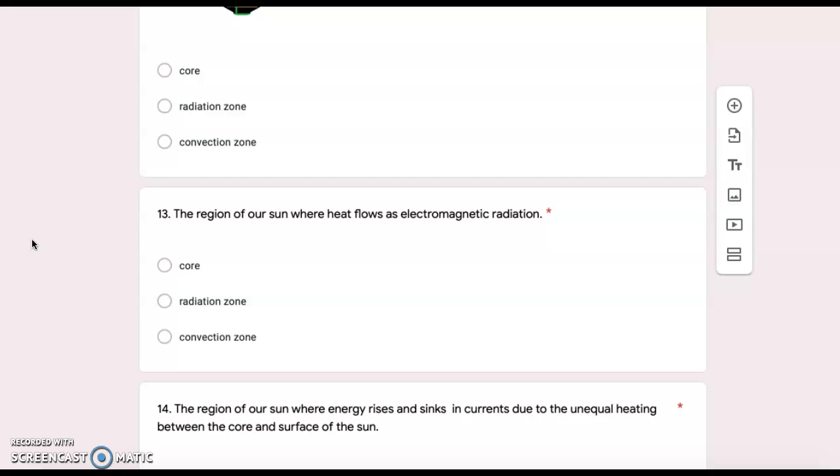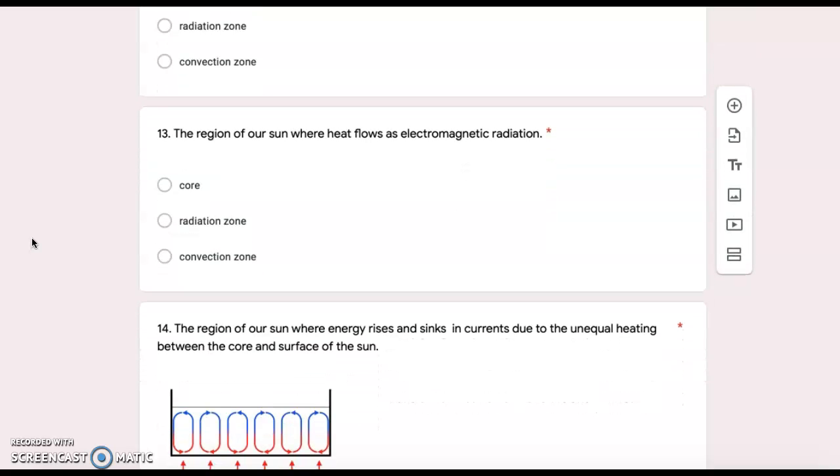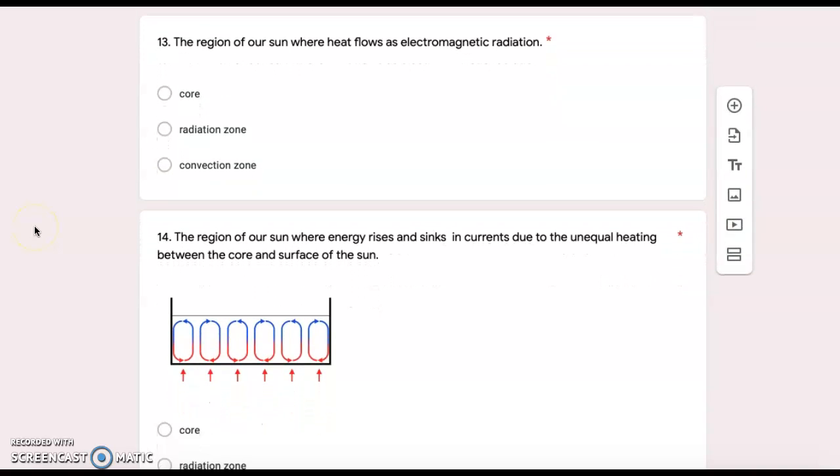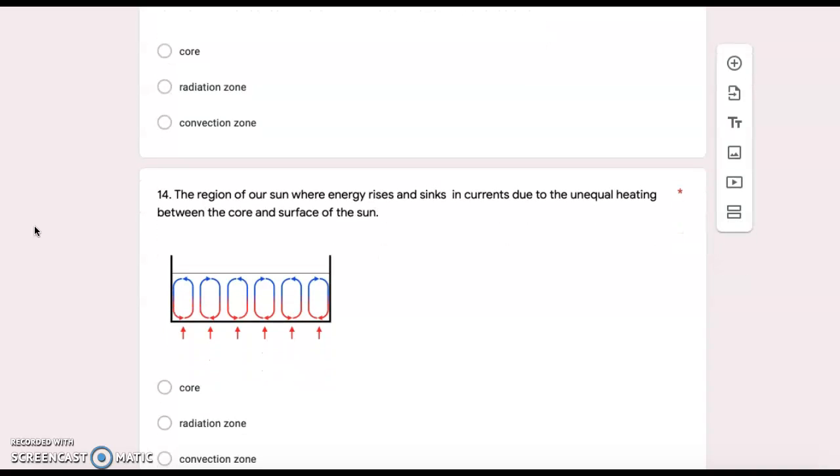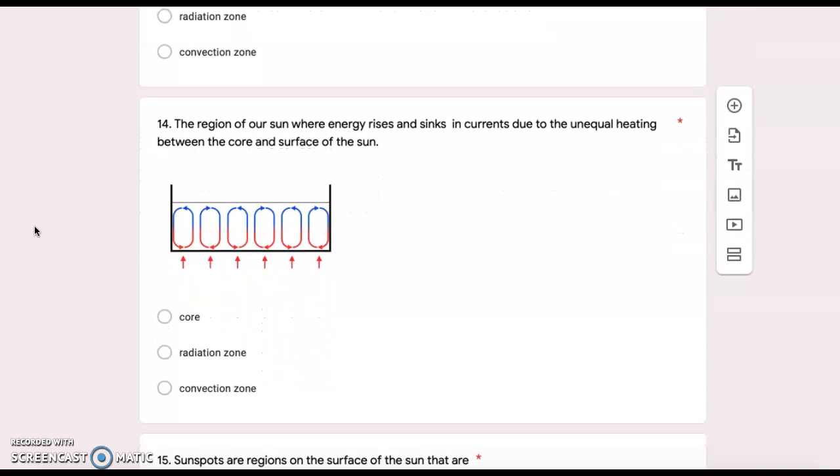The region of our sun where heat flows as electromagnetic radiation: core, radiation zone, or convection zone. 14. The region of our sun where energy rises and sinks in currents due to the unequal heating between the core and the surface of the sun: core, radiation zone, convection zone.